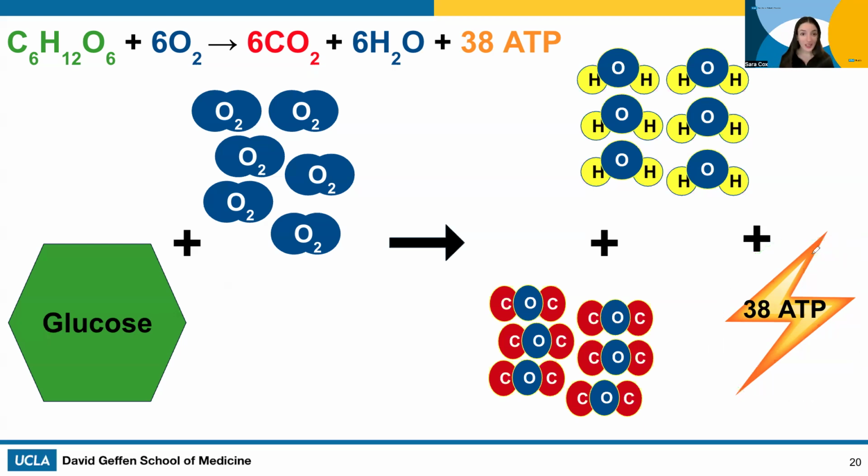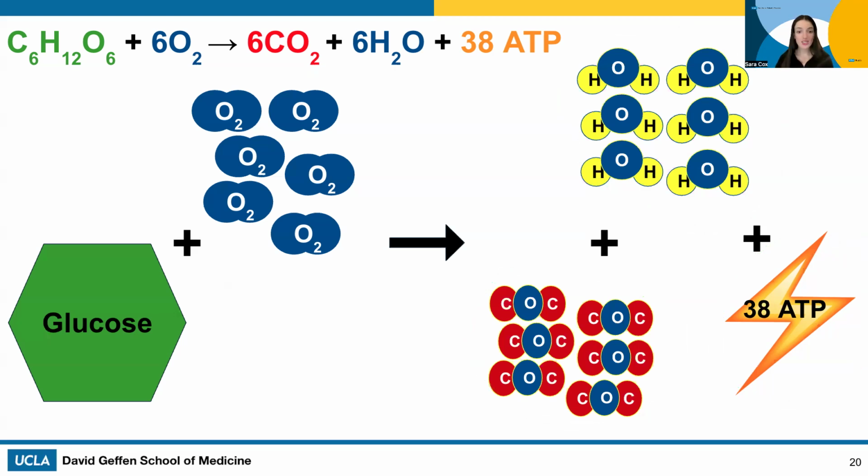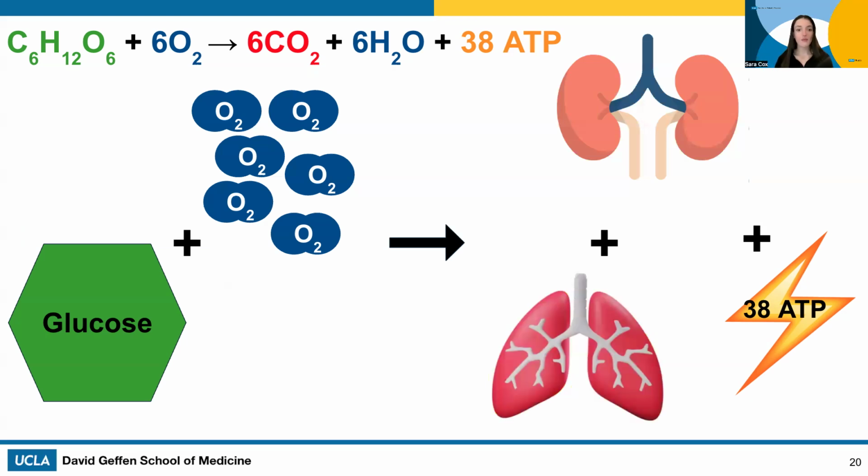Not only do we create lots of energy, but we create other byproducts, our water and our carbon dioxide, that are easily managed by our body. Water can be reused or excreted by the kidneys. Carbon dioxide can be easily breathed off by the lungs, leaving us just that ATP, tons of ATP to use in our body.